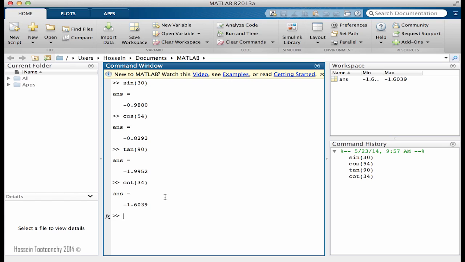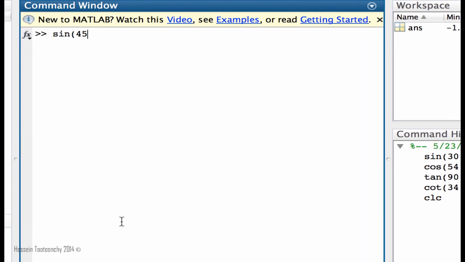There is something very important when using trigonometric functions in Matlab, and I cannot emphasize this one enough. It is often the main reason why people have unexpected results using trigonometric functions in Matlab. Let me tell you this way. When I want to find, let's say, sine of 45, Matlab by default interprets anything inside the parentheses as radians and not degrees.